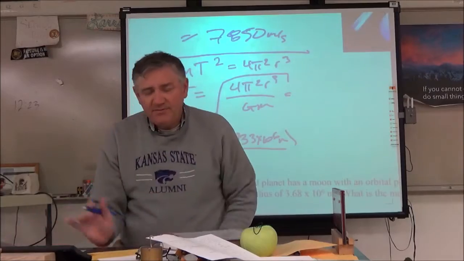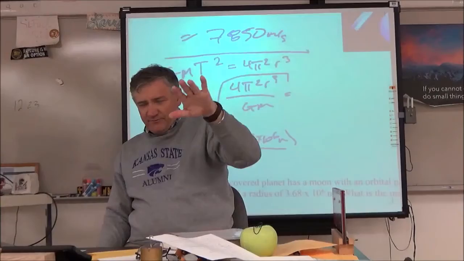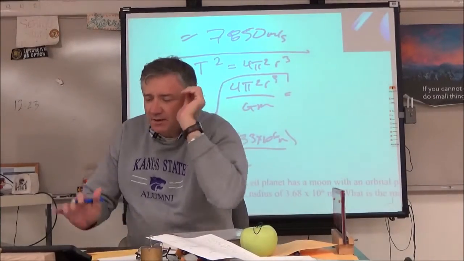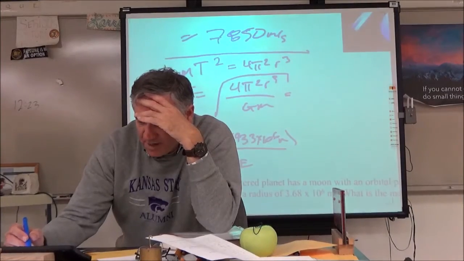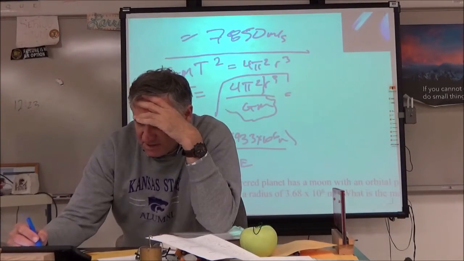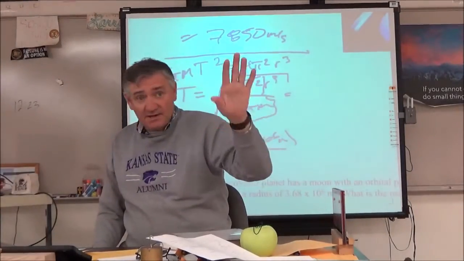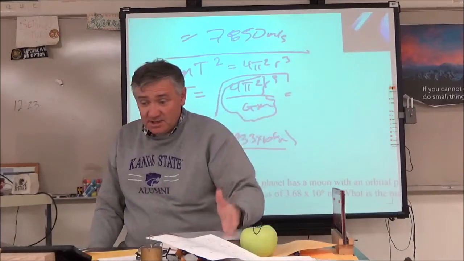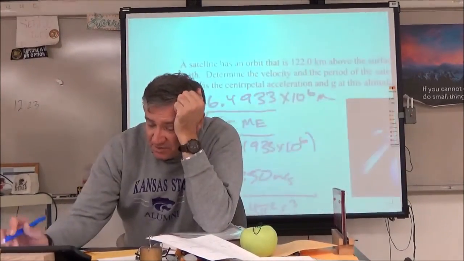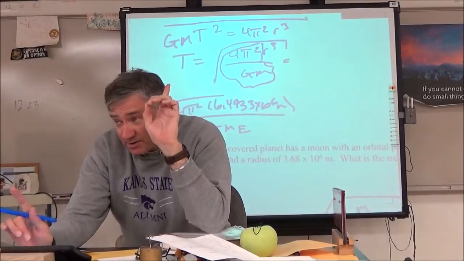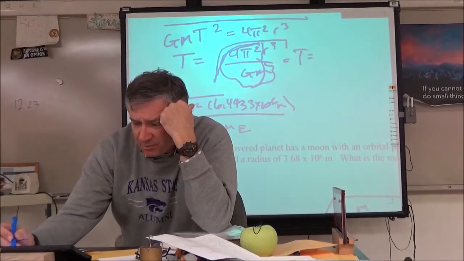Now, if you really wanted to get hardcore efficient nerd, this is just an option. If you think about it, that 4 pi squared over big GM is a constant. As long as you're in a near Earth orbit, that number is not going to change. You're not going to change big G, obviously, and you're not going to change the mass of the Earth. So you could get this number by itself, but here's what is important.